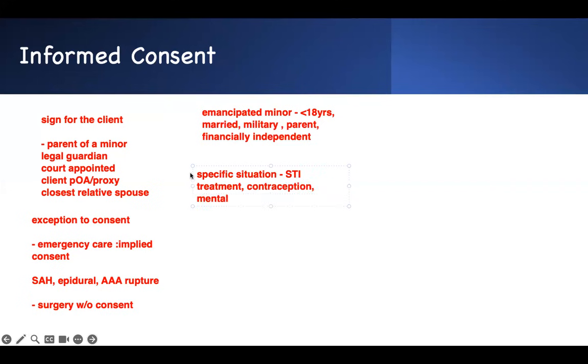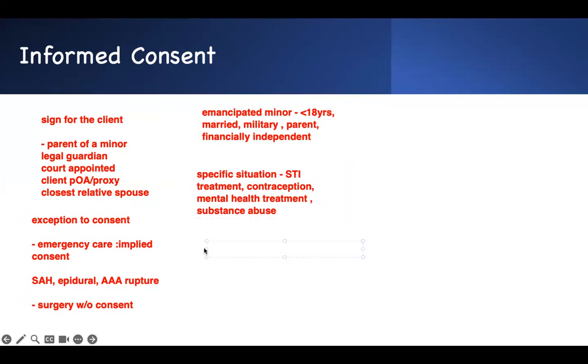If you need mental health treatment, or substance abuse treatment, and you are less than 18, you don't need your parent's consent. That's the group.